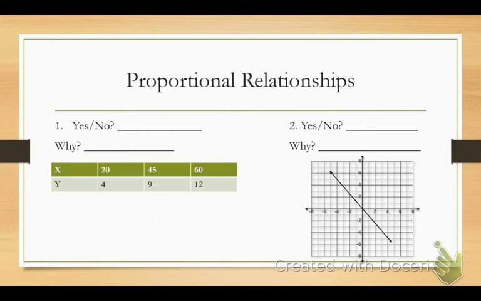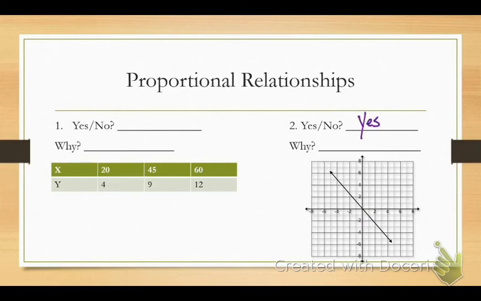Close, you're really close. When the line goes through 0. Does this line go straight through 0? What Tamia said, when x is 0, so is y. It passes through the origin, so you would say yes.